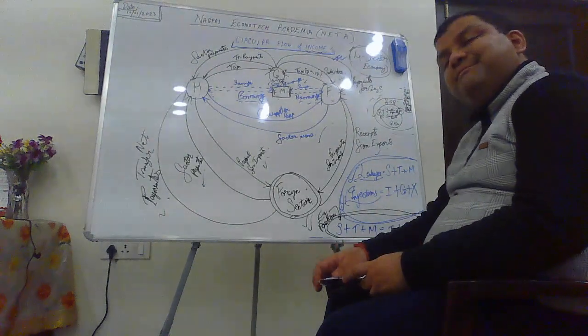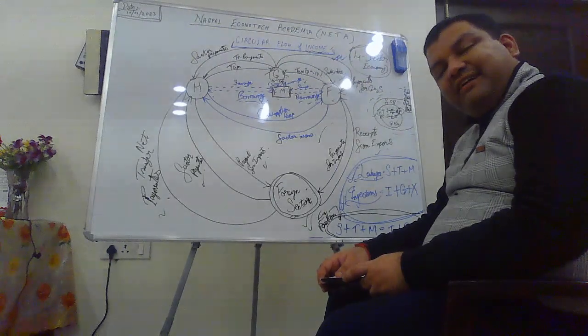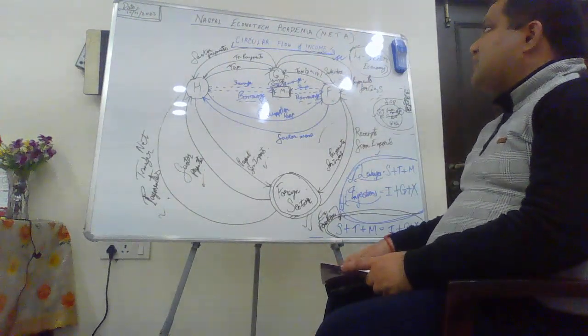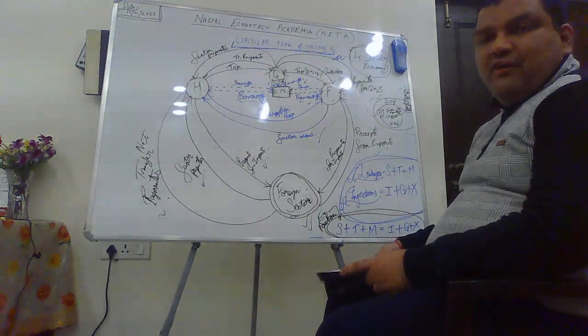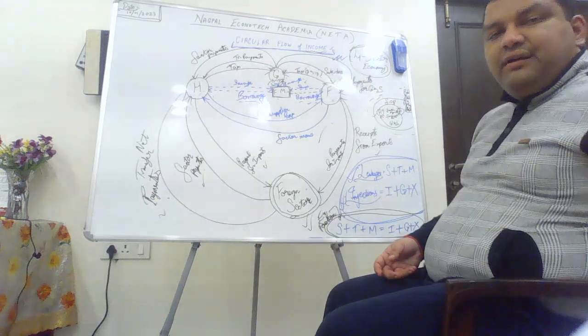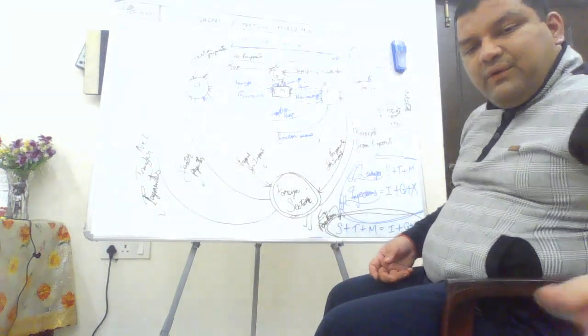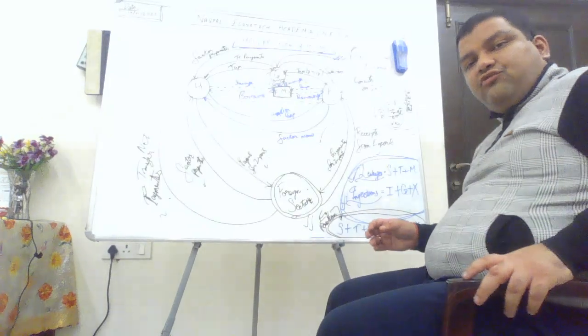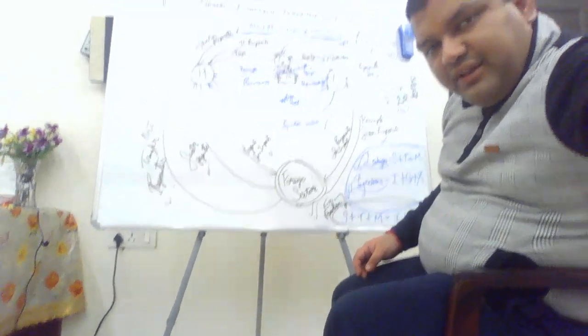So that's all for the day, dear guys, and I hope you have got the proper understanding of the concept of circular flow of income, right? I would like you to draw proper insights from this diagram.